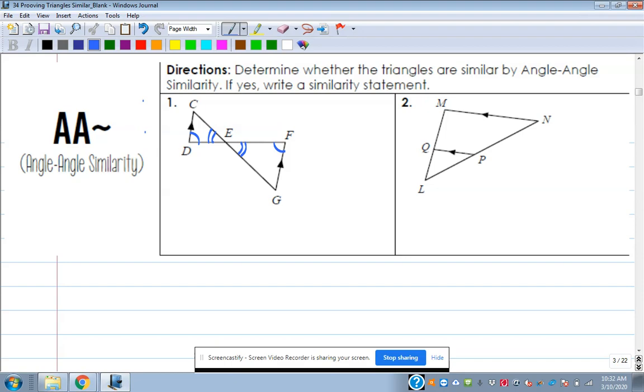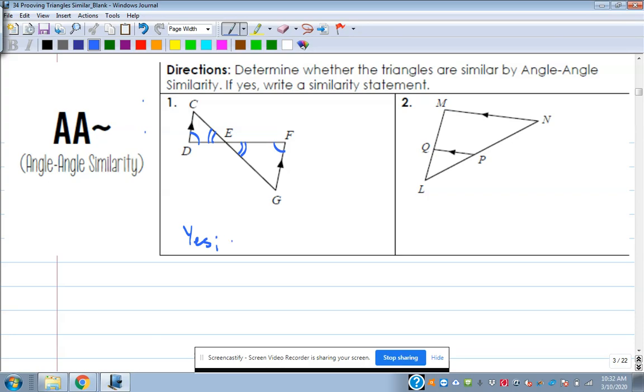They're alternate interior as well through a different transversal. It doesn't matter which pair you use. You only need two. The thing about similarity is that if they are similar, all three corresponding angle pairs are congruent to one another anyway. So this is a yes.